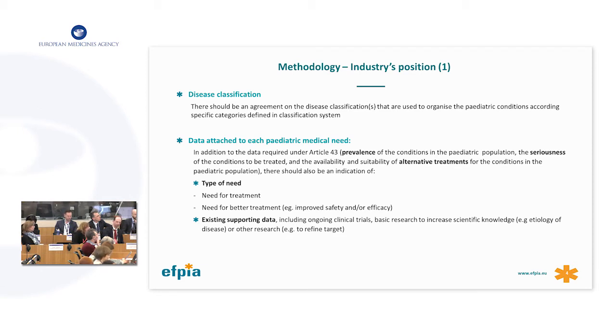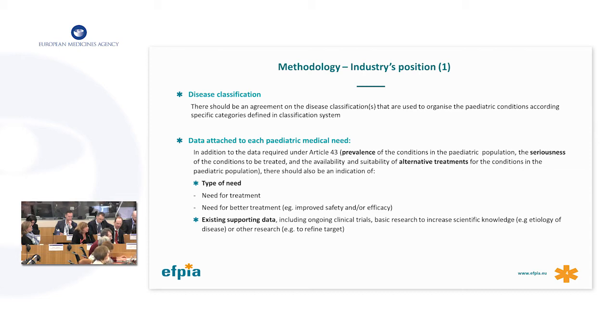In addition to the data required under Article 44, prevalence of a condition in the pediatric population, seriousness of the condition to be treated, and the availability and suitability of alternative treatments for the condition in the pediatric population, there should also be an indication of type of needs: need for treatment, need for better treatment. For example, improved safety and/or improved efficacy.